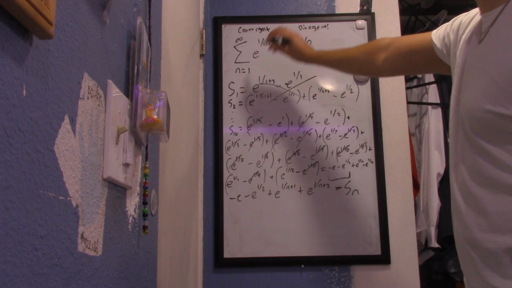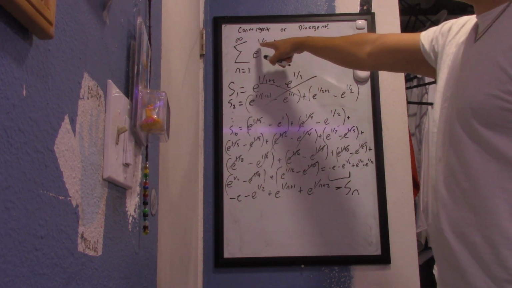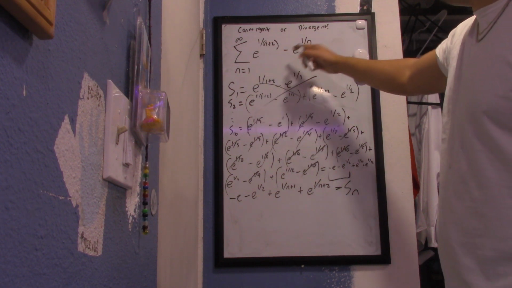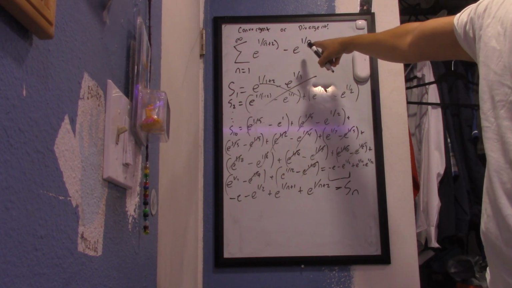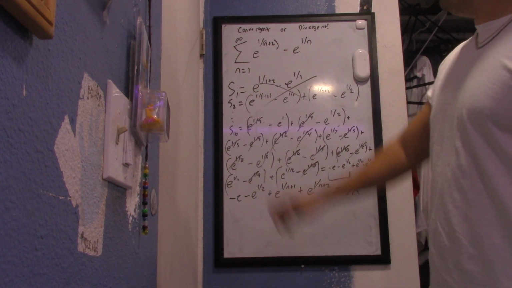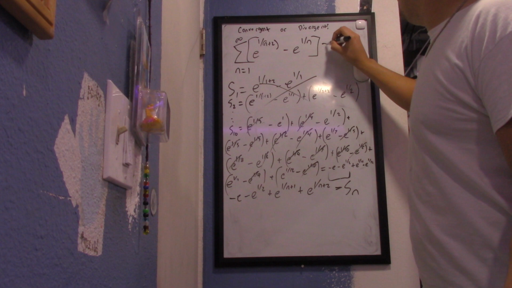And we take the limit as n approaches infinity of e to the 1/(n+2). This becomes 1/infinity, which means e to the 0, right? 1/infinity is 0, e to the 0 is 1. And then e to the 1/n, you take the limit of that as n approaches infinity, that's also e to the 0, which is also 1. So when you take the limit of this entire formula right here, you end up with 0.